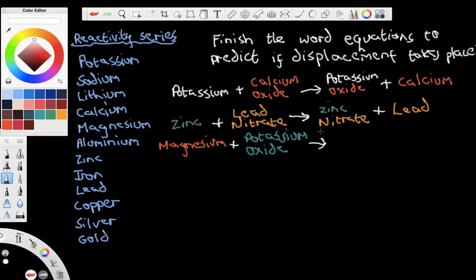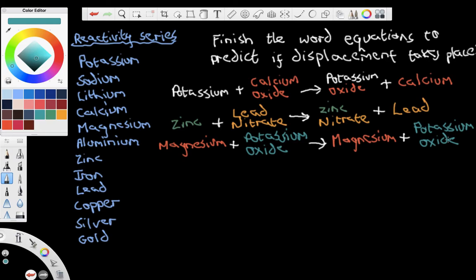Remember, you must always put an arrow because that shows a reaction's taking place. Potassium is more reactive than magnesium. Therefore, magnesium cannot displace it. So what you would end up with is exactly the same. You would have magnesium plus potassium oxide, because potassium is more reactive than magnesium, therefore a reaction would not take place.